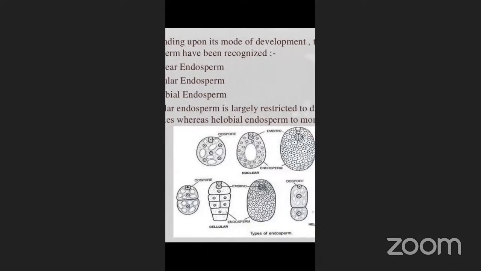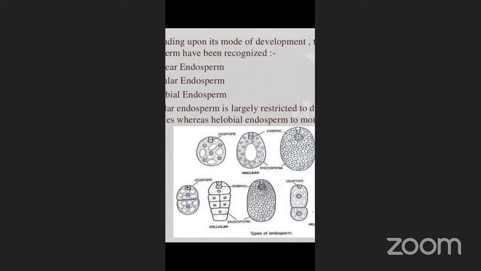The first division of the primary endosperm nucleus is transverse along with the embryo sac, dividing it into two by a transfer wall. Finally, it forms a cellular endosperm.